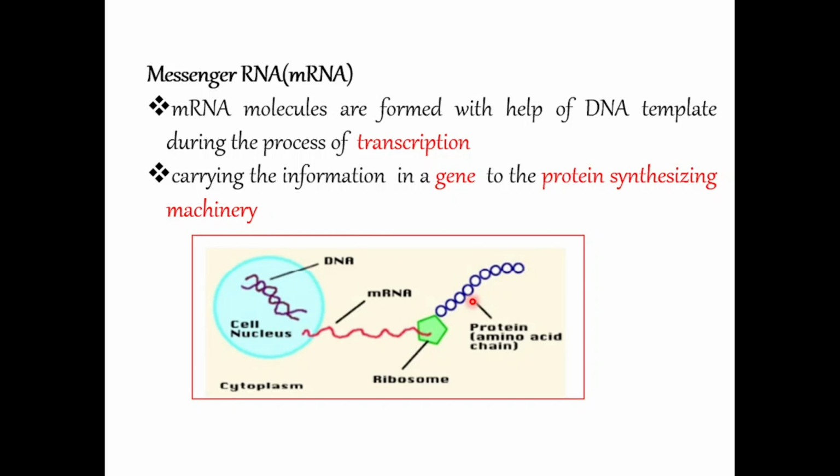There are so many things: different ribosomal RNAs, transfer RNAs, and initiator proteins. With the help of these entities, protein synthesis could be carried out on the surface of the ribosome. So bear in mind that messenger RNA carries gene information and then moves to the protein synthesizing machinery.